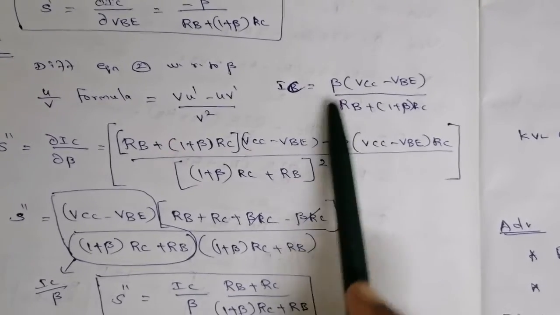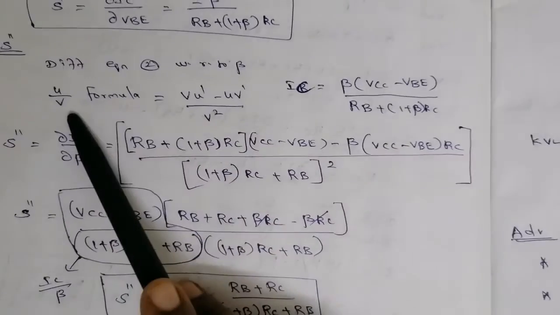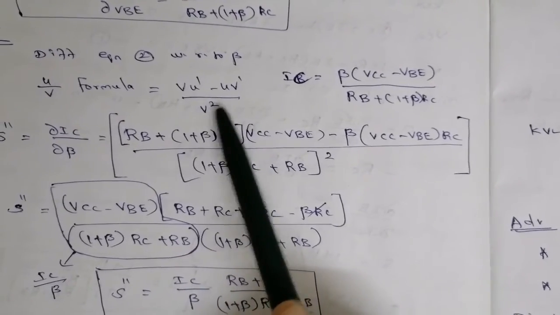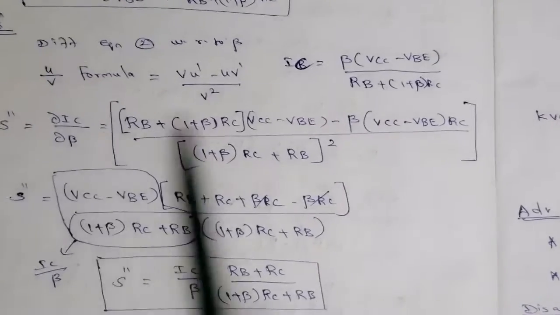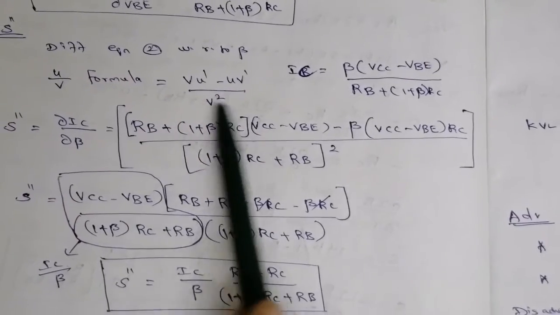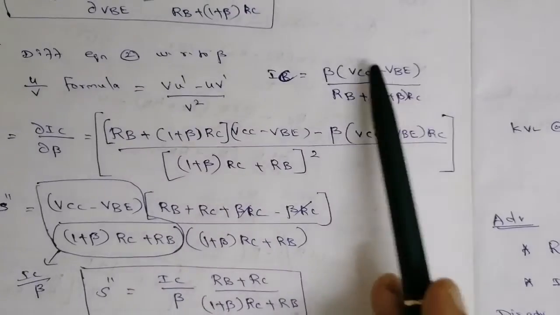So here numerator and denominator both terms have the beta value. So by using the formula of U by V, which is nothing but V U dash minus U V dash divided by V squared. So S double dash is equal to dou IC by dou beta. So U is nothing but the numerator term.